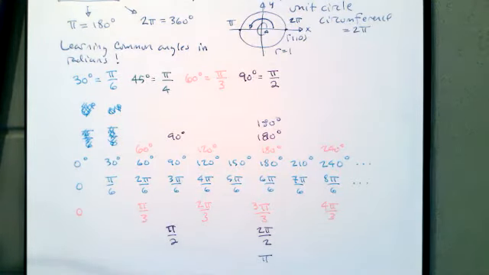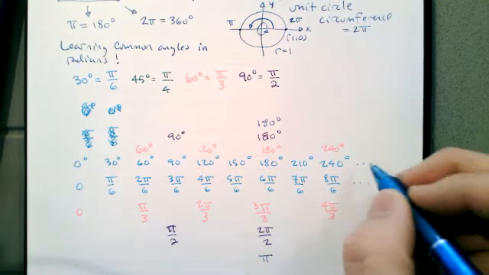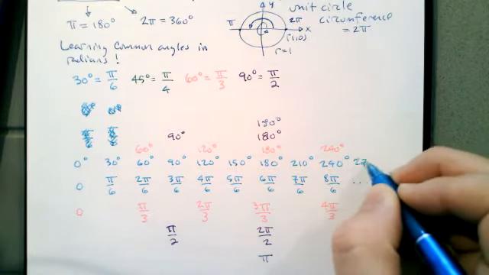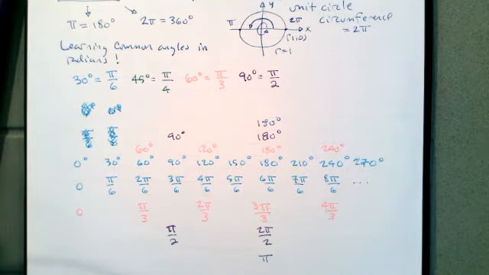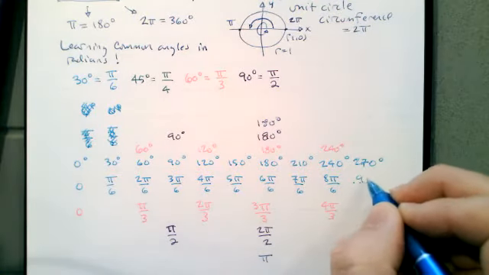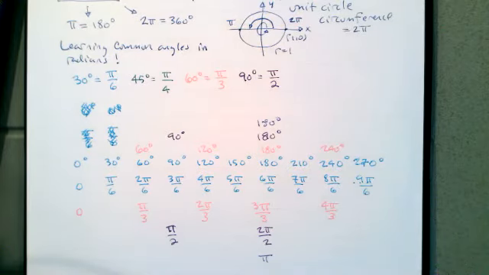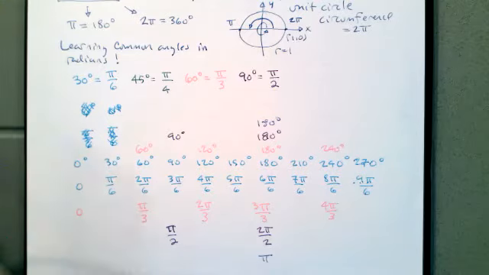So the 180 is 6 pi over 6 because it's 6 times 30, 3 pi over 3 because it's 3 times 60, 2 pi over 2 because it's 2 times 90, or just 1 pi because it's 180 degrees. If I went one further, I know I should have gone one further. At 270 degrees, we are at 9 pi over 6, which is 3 pi over 2.